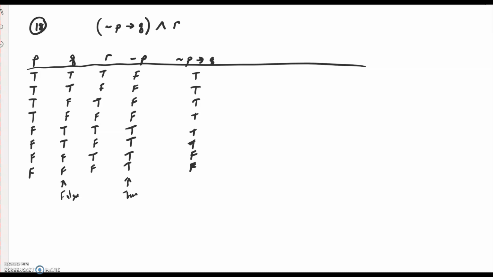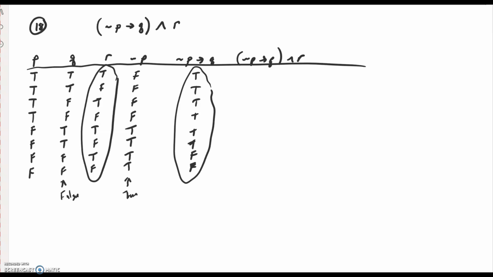And now we have to do an AND R. So now we're at the final column in our truth table, and we're going to take these and we're going to do an AND with these. And of course an AND is only true when both are true. Otherwise it's false.